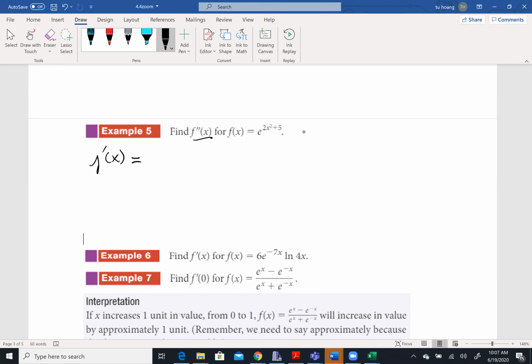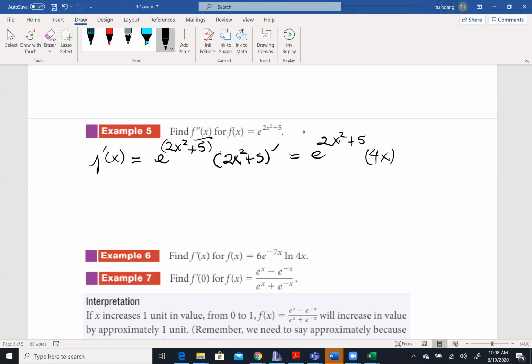You have itself, e to the 2x squared plus 5, multiplied with the power's derivative. So it equals e to the 2x squared plus 5 times the derivative of 2x squared plus 5, which is going to be 4x plus 0. I'm just going to say 4x.